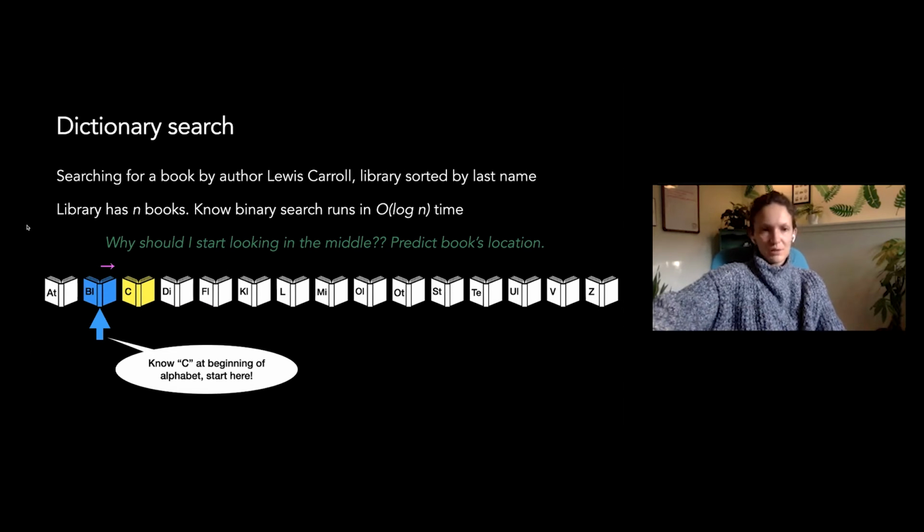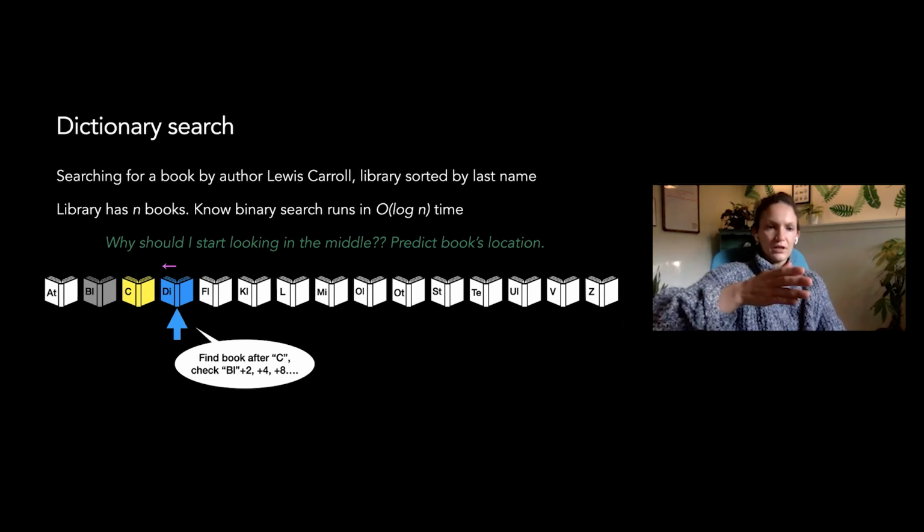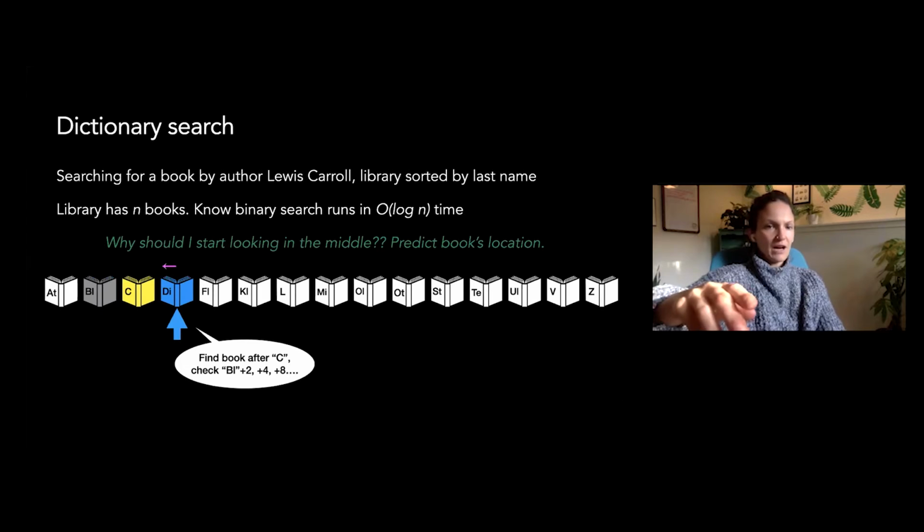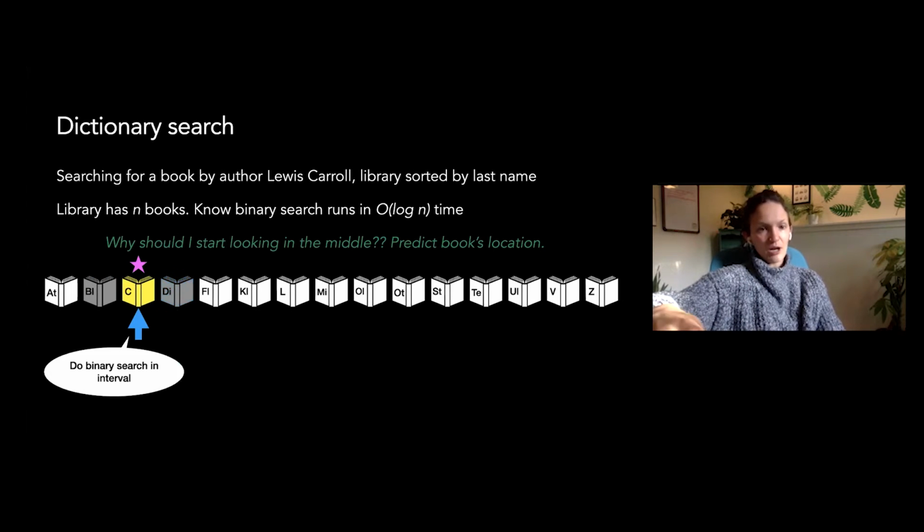Now I can still move steps to the right, by looking plus 2 books further away than where I started, plus 4, plus 8, etc., until I find a book which has a last name after C. So you do this procedure, and I end up at a book that starts with D. Now I know that my book by Lewis Carroll is going to be in this interval, between my guess and the book I found that's after it. So what I've essentially done is made my problem a lot smaller. Now I can do binary search in this much smaller interval, and it's going to run a lot faster.